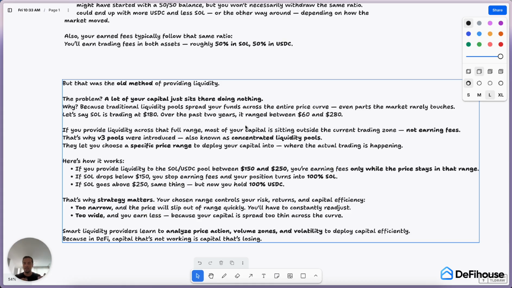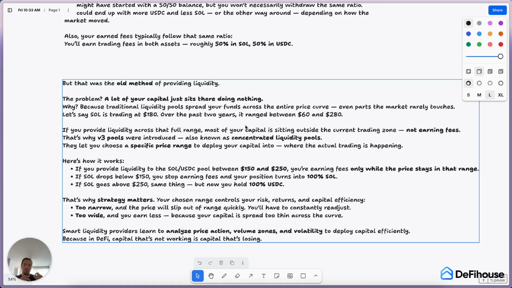But if your range is equal, for example, from the current price 5% above, 5% below, then you will deposit in a 50-50 ratio. If, for example, you set the range only 1% above, but 7% below, then you will deposit in a completely different ratio. You will deposit more asset 1 than asset 2, and vice versa, right?